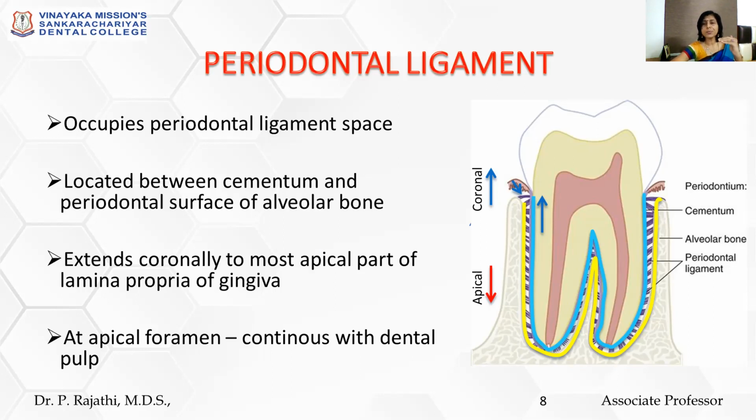It extends from there to the apex of the root. At the apical foramen, it is continuous with the dental pulp. The periodontal ligament occupies the periodontal ligament space located between the cementum and the periodontal surface of the alveolar bone.